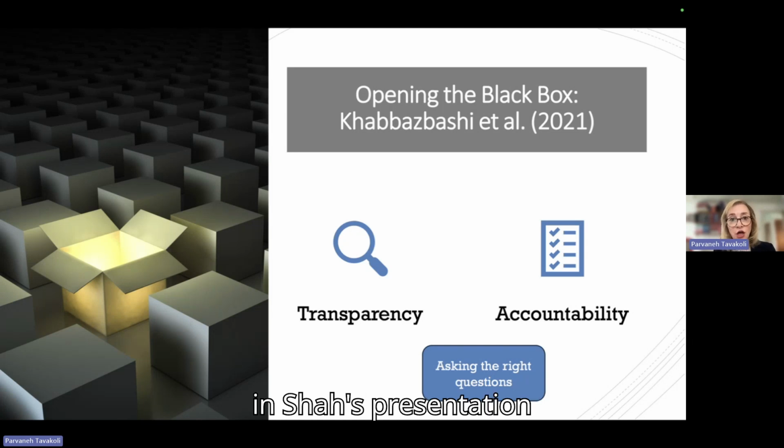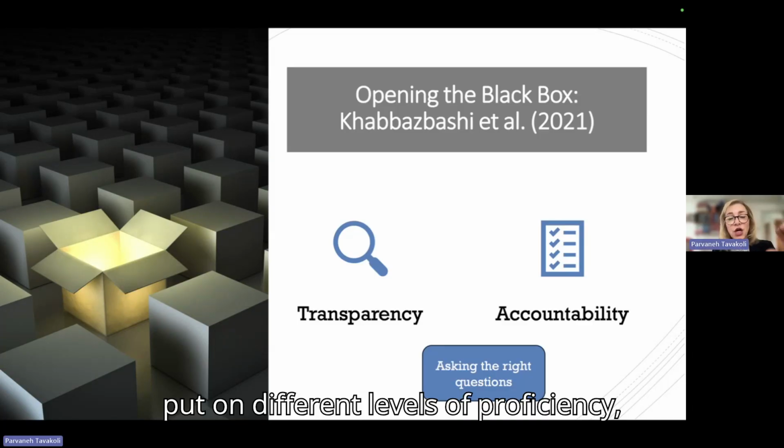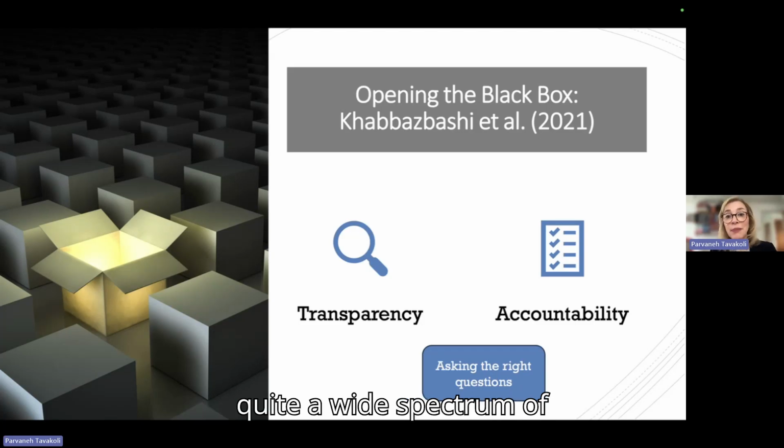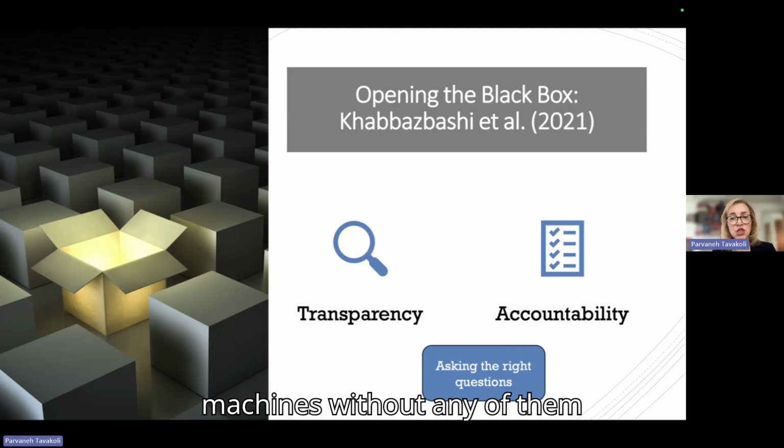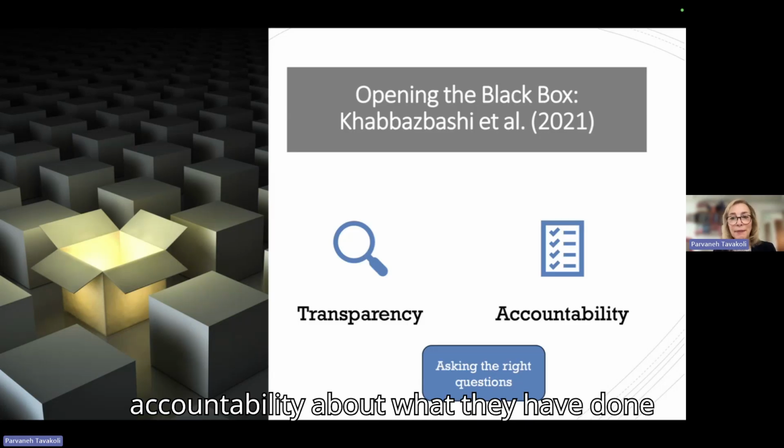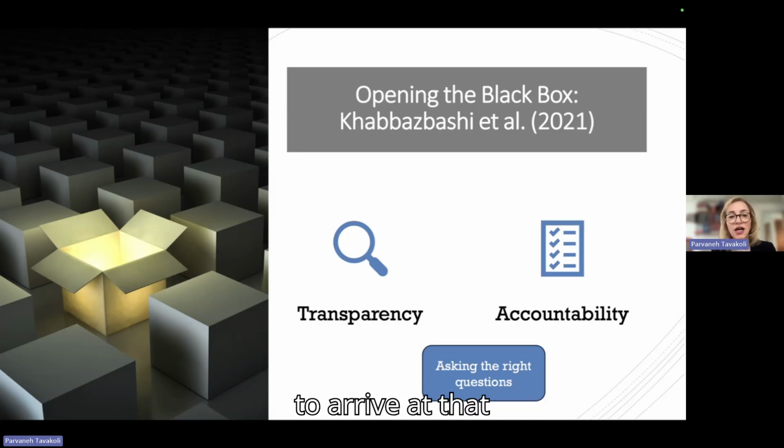You saw in Sha's presentation that her speech has been put on different levels of proficiency, quite a wide spectrum of proficiency levels by these different machines, without any of them providing any transparency or accountability about what they have done to arrive at that assessment.